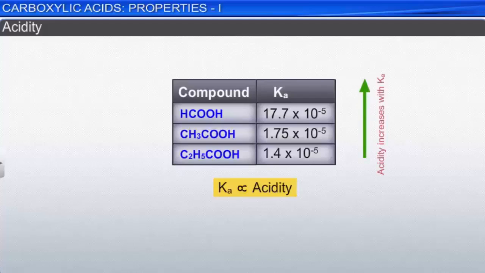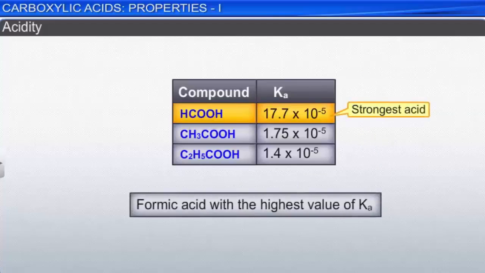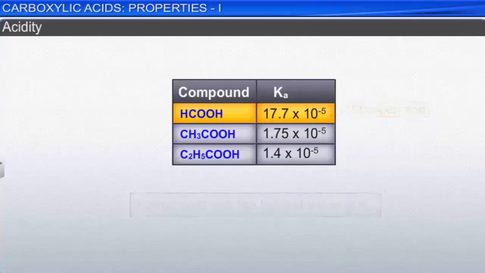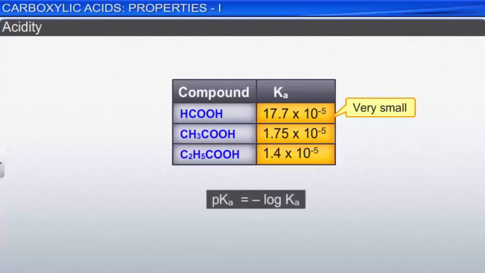For example, among the unsubstituted monocarboxylic acids, formic acid with the highest value of Ka is the strongest. The values of Ka are usually very small. Hence, for convenience, they are often quoted in logarithmic form as pKa is equal to negative log Ka.